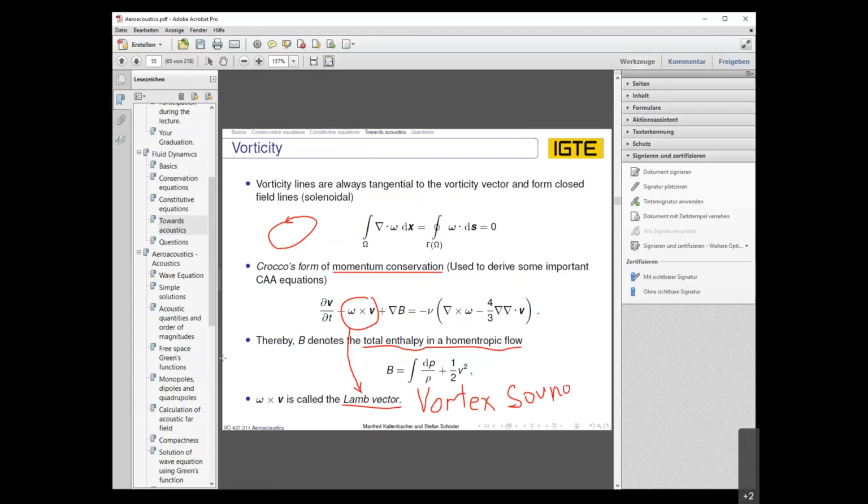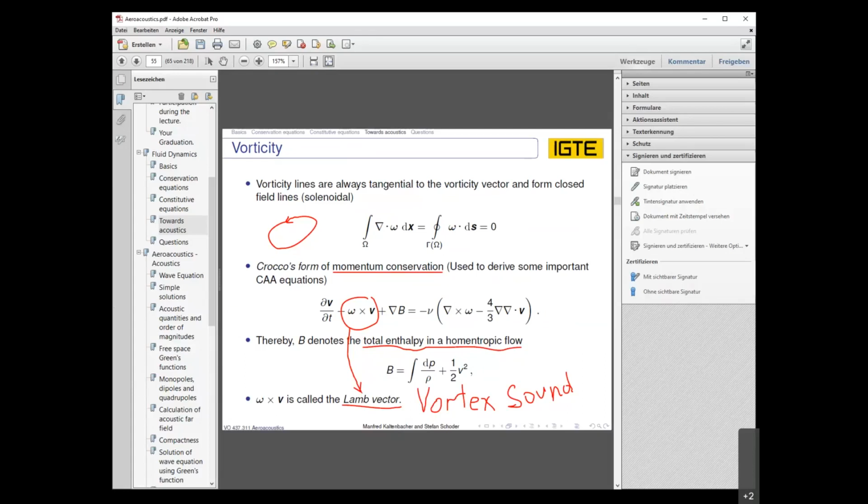So we have the vortex sound analogies, a bunch of methods that are specialized for different flow configurations and are used in low Mach number applications.